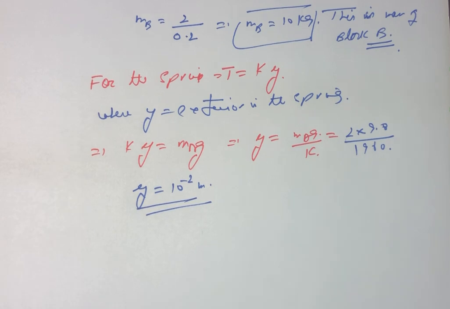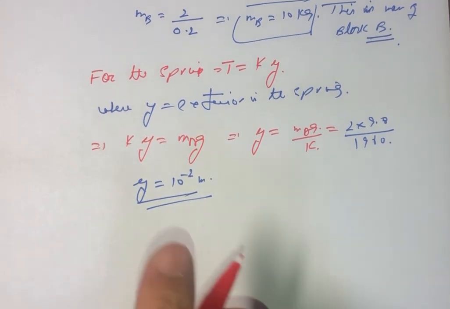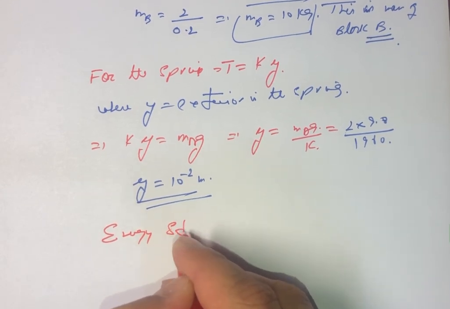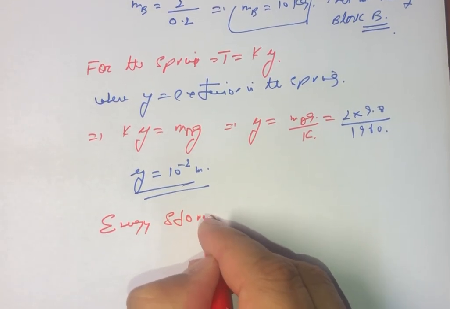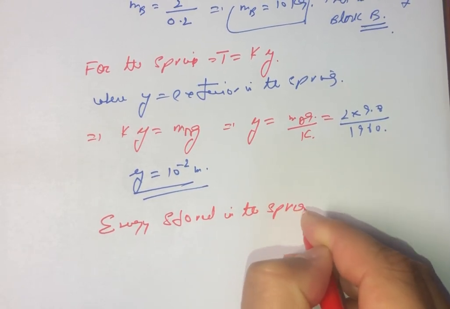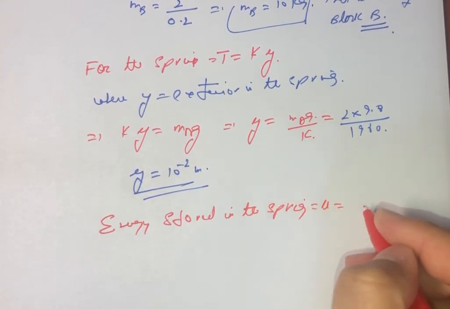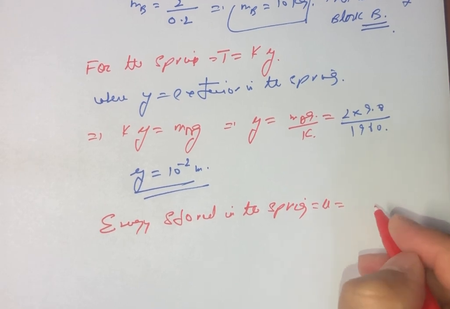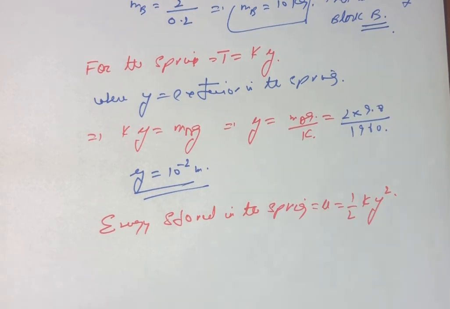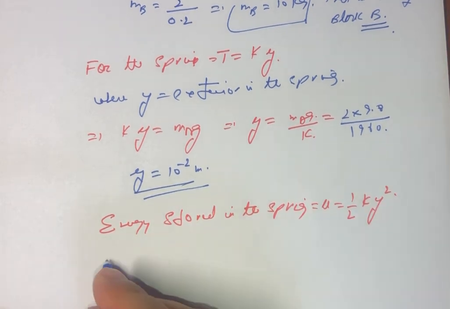And finally, the energy stored in the spring is U, and that will be equal to half KY squared. We substitute the values.